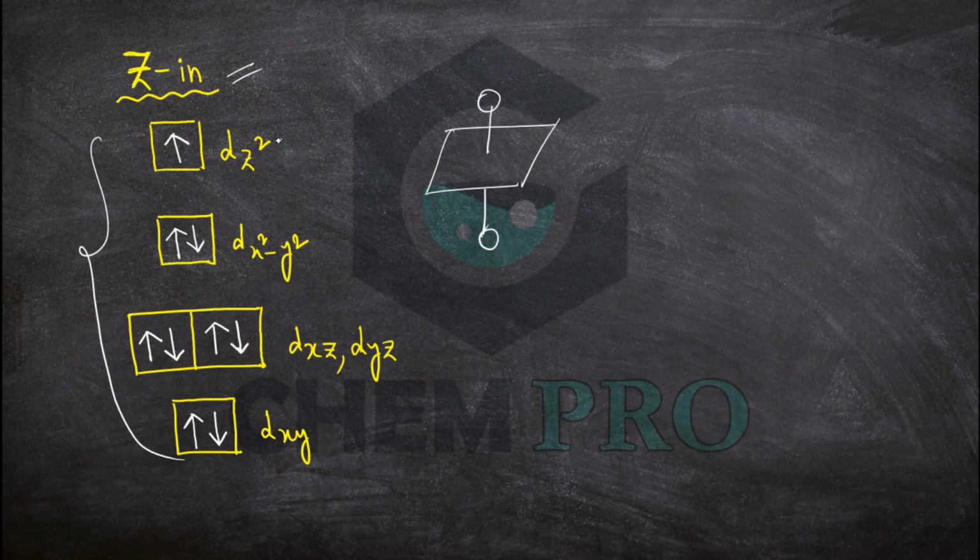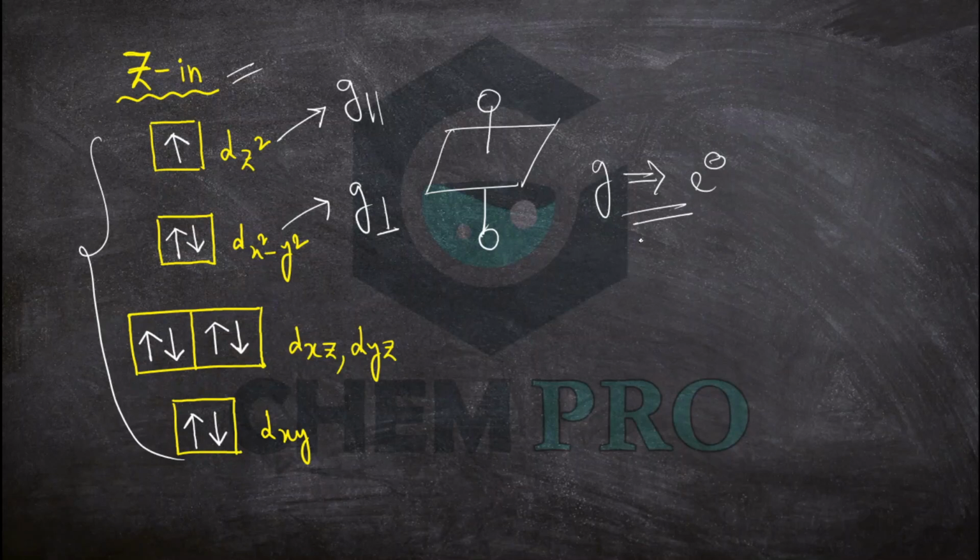From dz square we can get the G parallel value and from this we can get the G perpendicular value. And as we all know, the G value depends on the electron density. Here 2 electrons and here 1 electron.